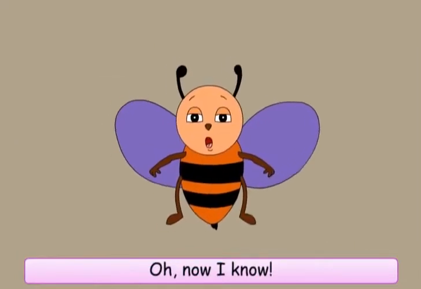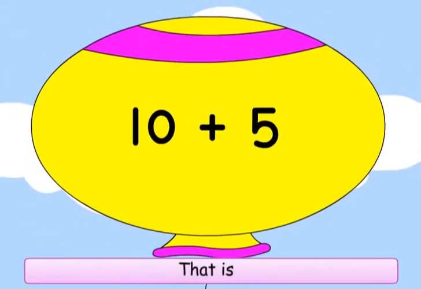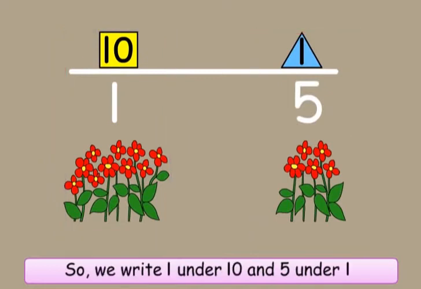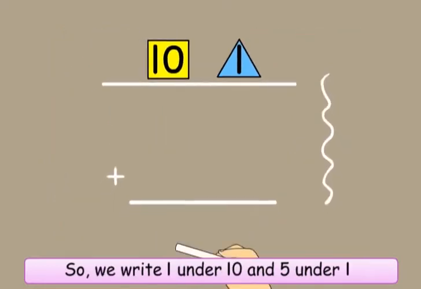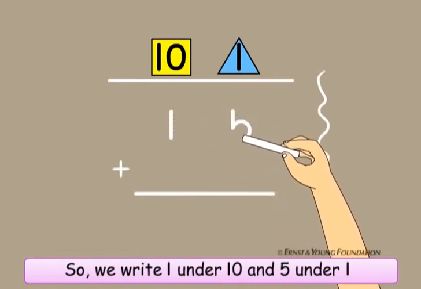Oh, now I know. Look, there are 15 red flowers here. That is 10 plus 5. So, it is 1 ten and 5 ones. So, we write 1 under 10 and 5 under 1.